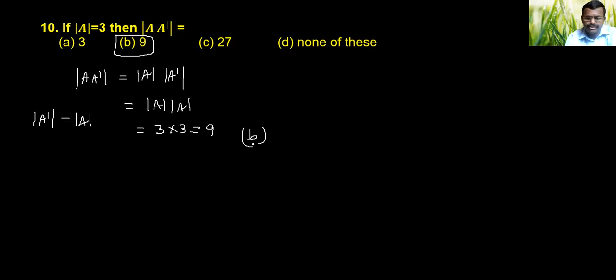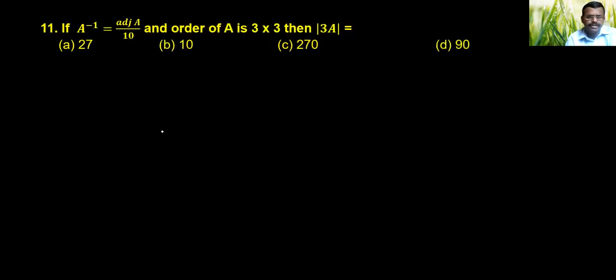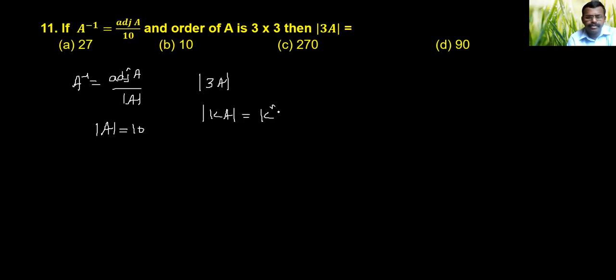Now we'll move to the next question, question number 11. See here, they have given A inverse equal to adjoint of A by determinant of A. This is the formula. Now compare this with this. We get determinant of A is 10. But the question is what? Determinant of 3A. So we have one shortcut: determinant of KA is K power n into determinant of A. So determinant of 3A is 3 power n, where n is the order of the matrix.